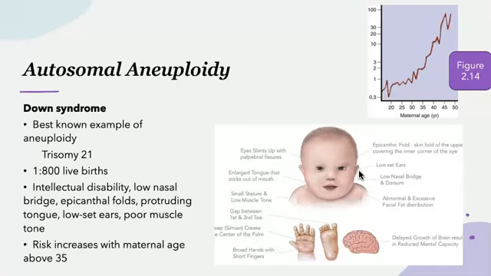We'll also see possibly a gap between that first and second toe, and broad hands with short fingers, and possibly abnormal and excessive facial fat distribution. And we know that in women who are above the age of 35, we have increased risk for this trisomy 21.